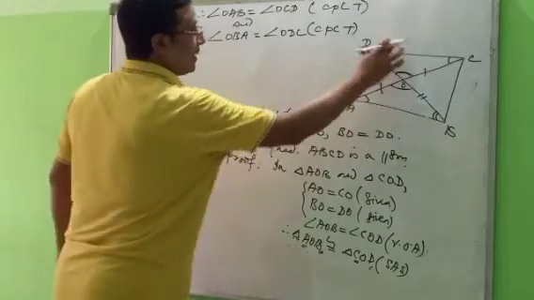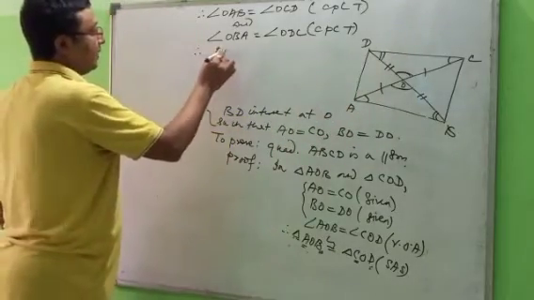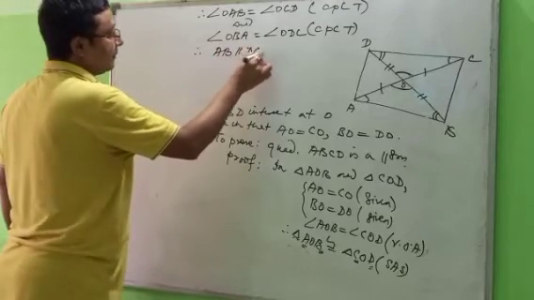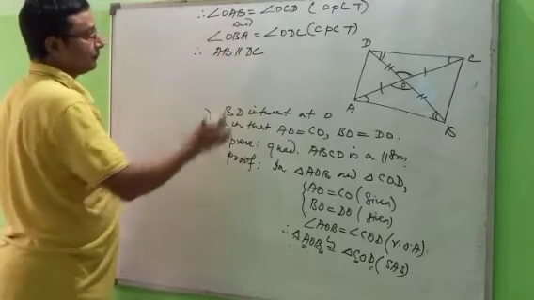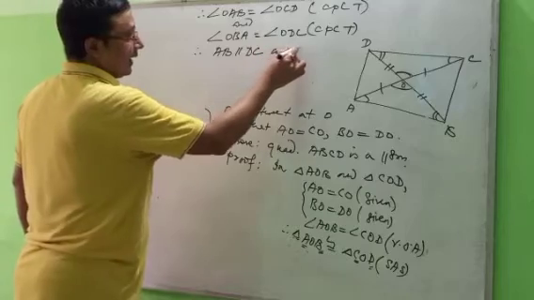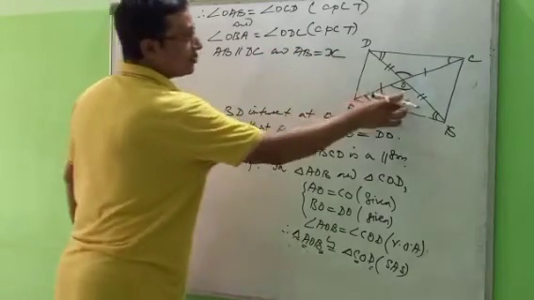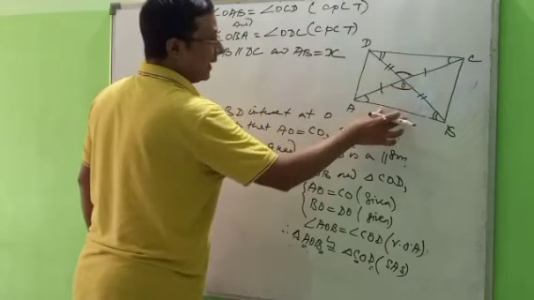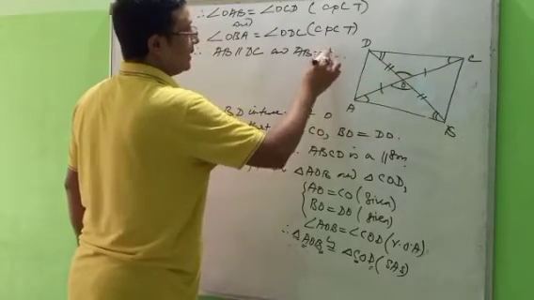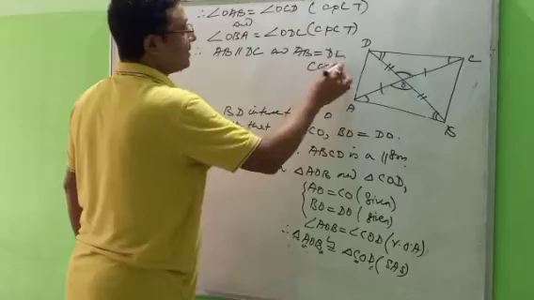Therefore AB is parallel to DC. Also AB equals DC, because these two triangles are congruent. So you got AB equals DC. This is also by CPCT.